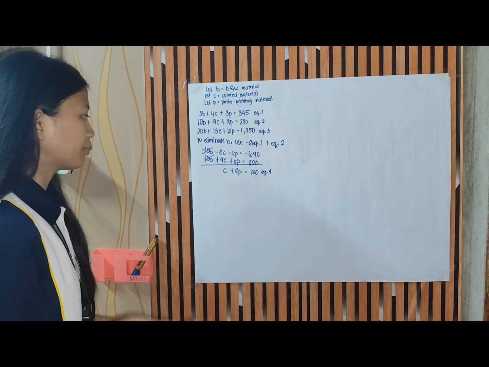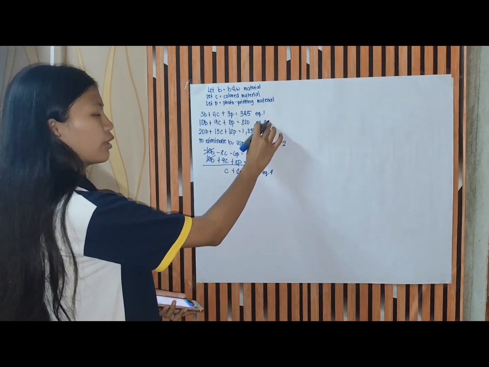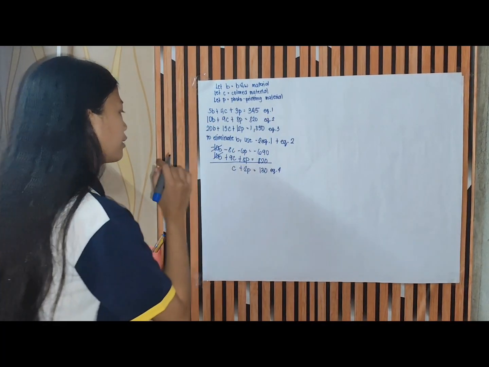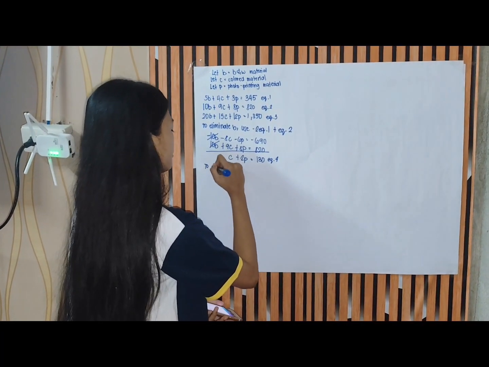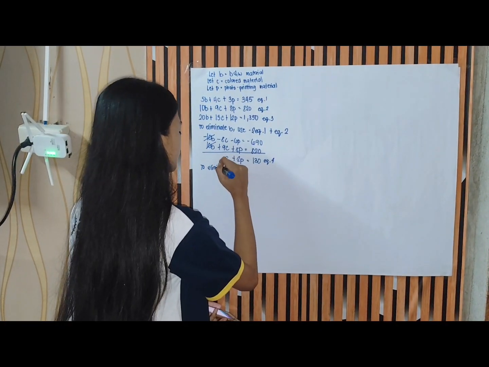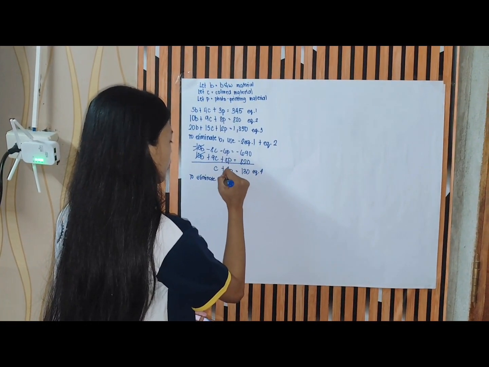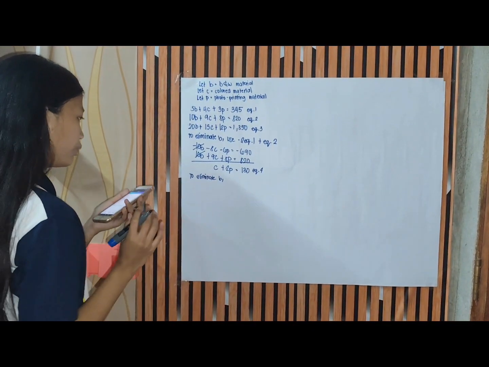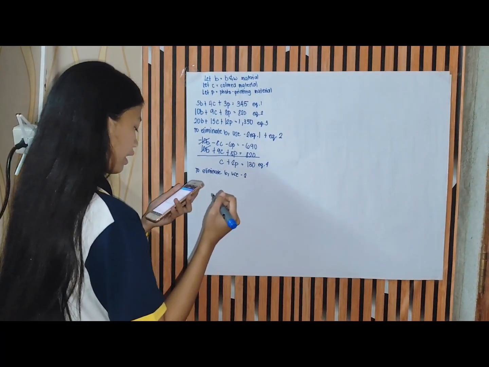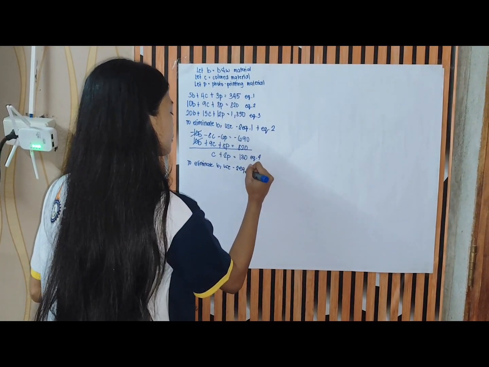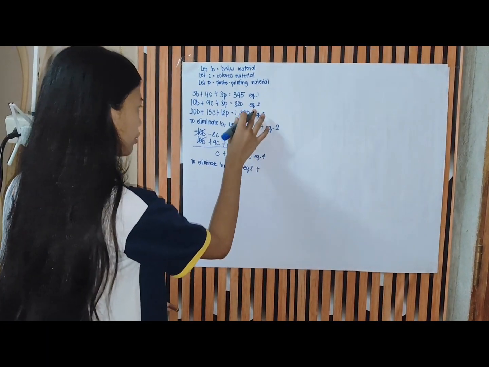For our equation number 5, let us use equation 2 and equation 3. To eliminate B, use -2 times equation 2 plus equation 3.